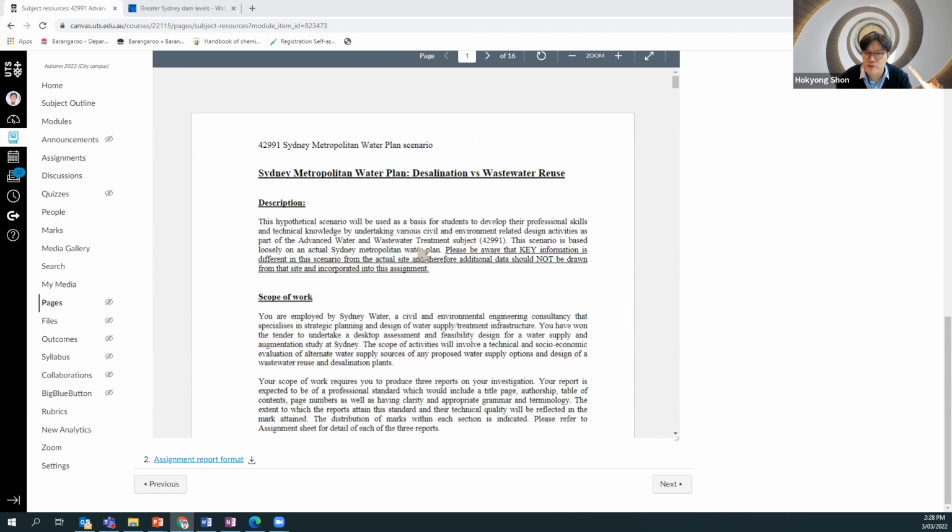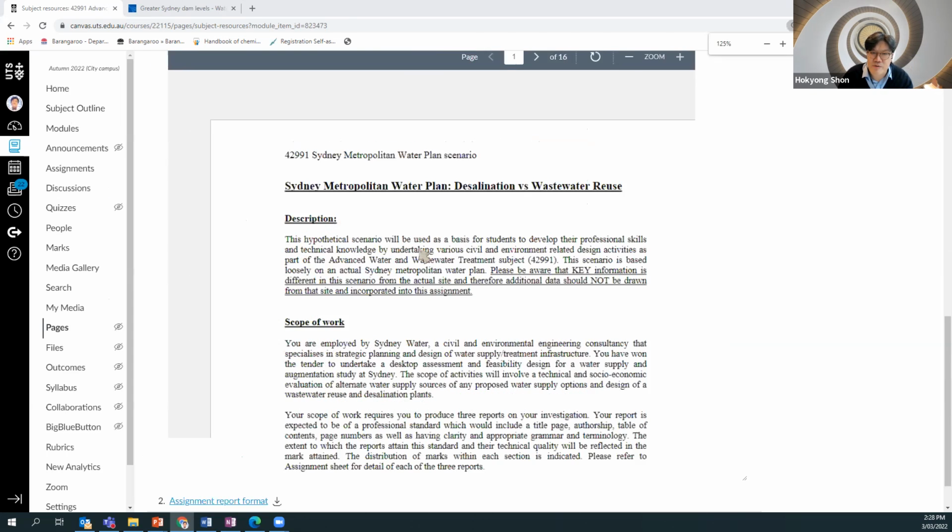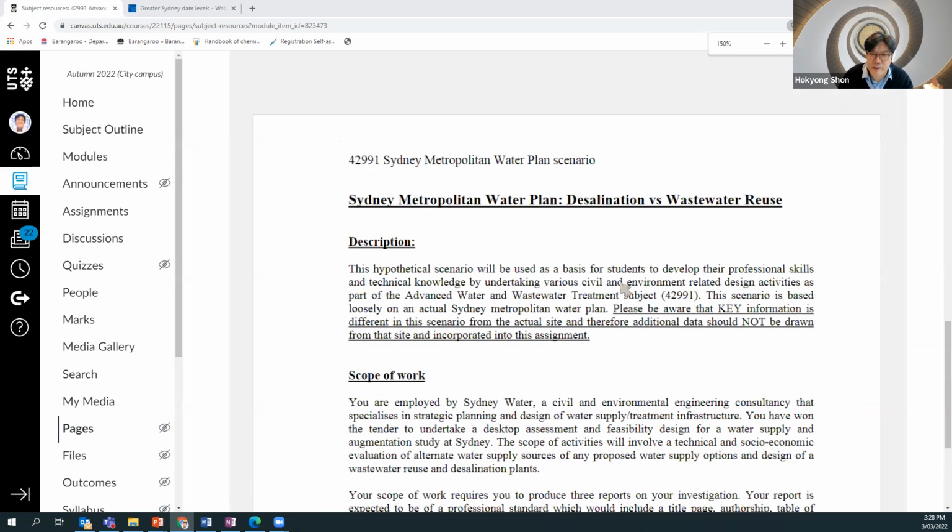So we made this hypothetical scenario to be used as a basis for, let me make it bigger. Can you read? Develop the professional skills and the technical knowledge by undertaking various civil and environmental related design activities as part of the advanced water and wastewater subject.